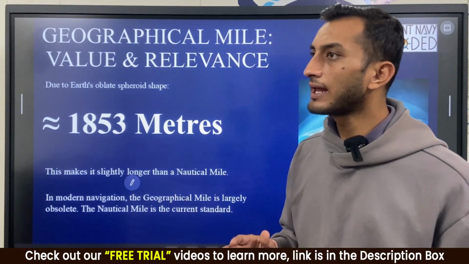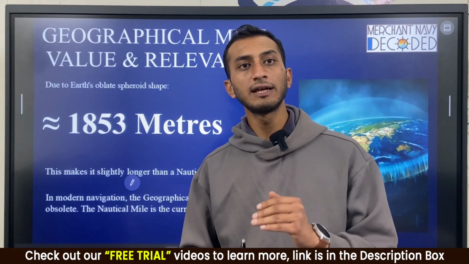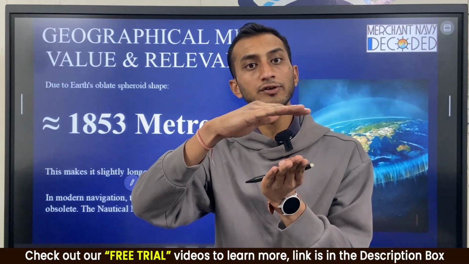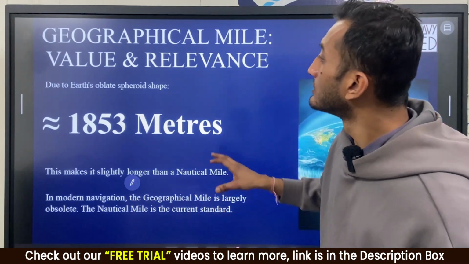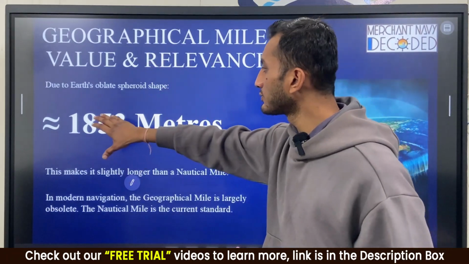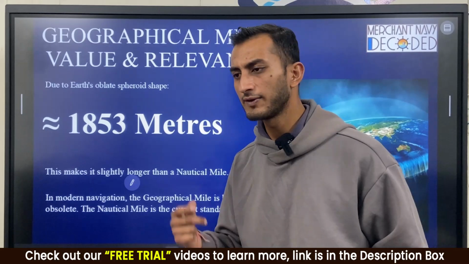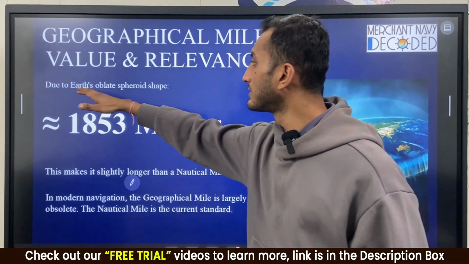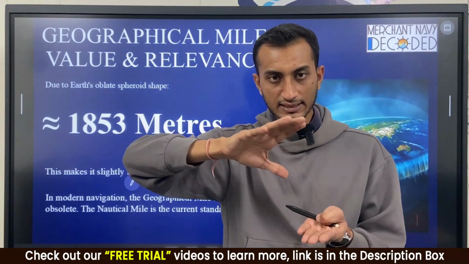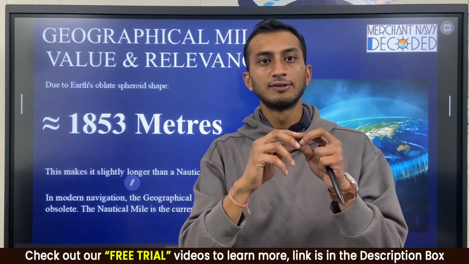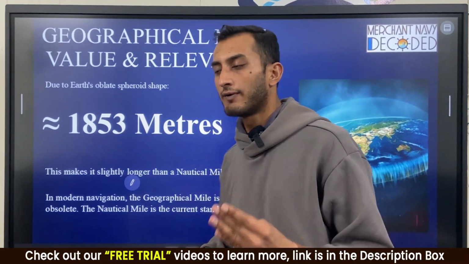But in case of latitude, even if you take a 20 degree difference, the distance between the two latitudes will be the same. So geographical mile value is 1853 meters. It is slightly longer than a nautical mile, but we don't use it. The reason is Earth's oblate spheroid shape. Because the Earth is bulged at the center, one geographical mile is greater than one nautical mile.